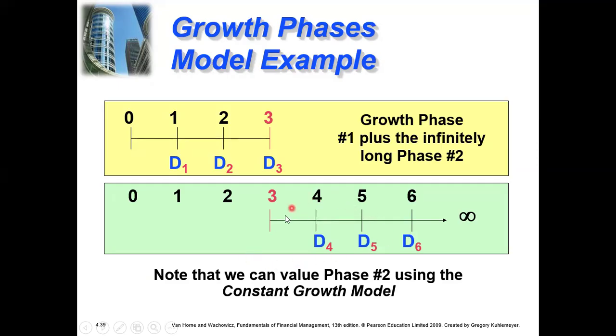In the second case, where the growth rate is constant, we can also apply the constant growth model that we discussed in the previous slide, that is D1 over K minus G. First, here growth is for 3 years.